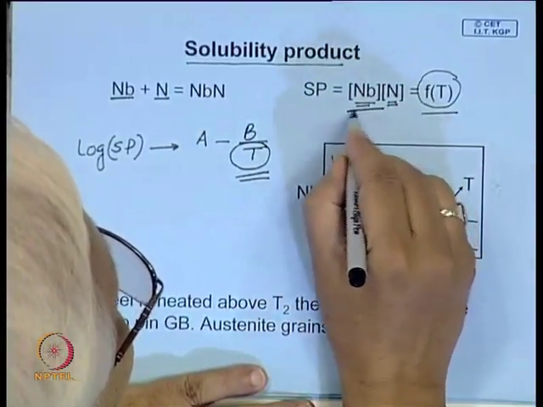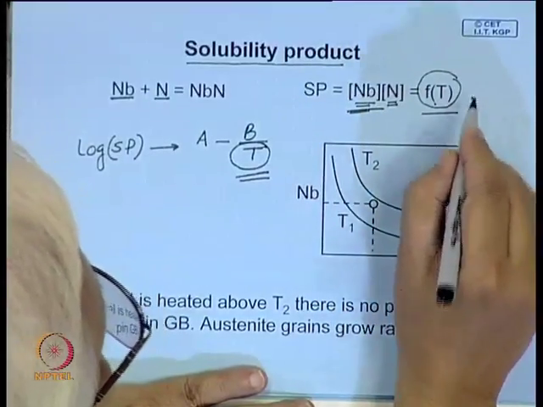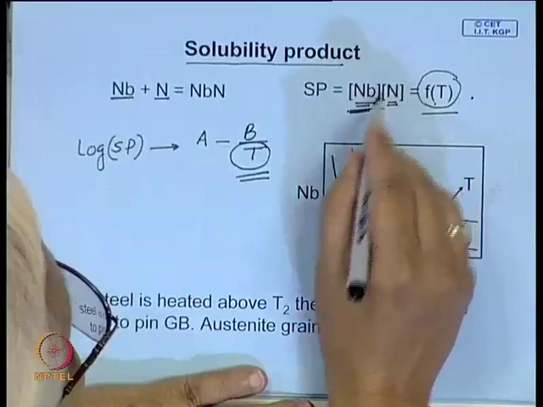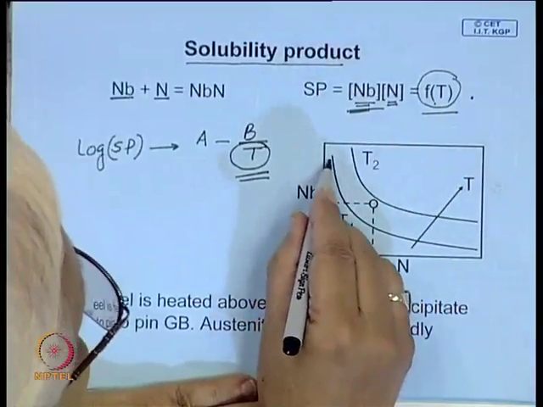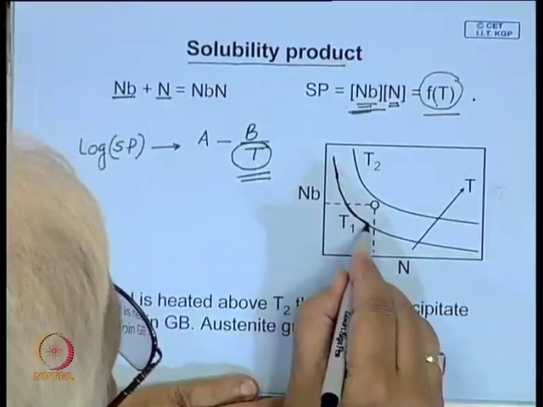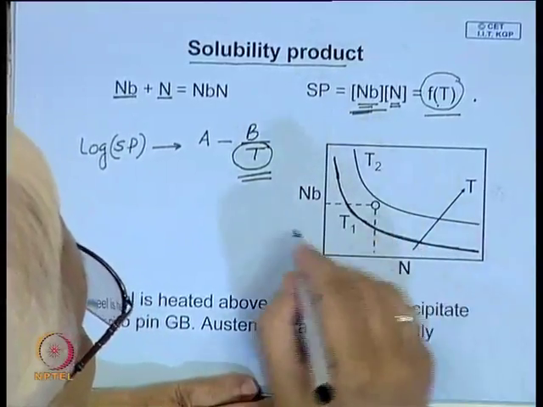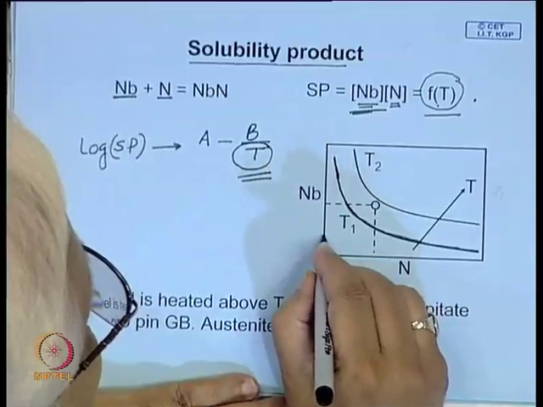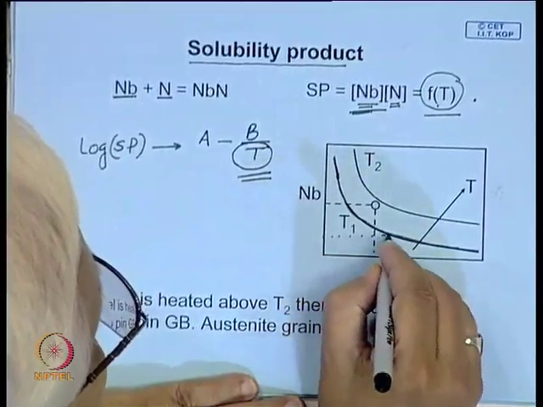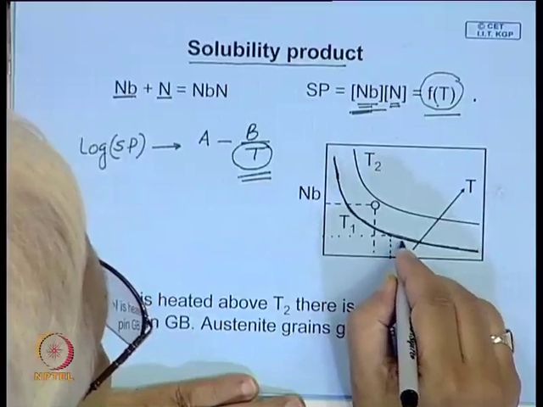If you assume that this is the solubility product at a particular temperature, it is constant, then this represents a hyperbola, which is shown over here. This is the solubility line, you can say. So, if you have this much of soluble niobium, this will be in equilibrium with this much of nitrogen.